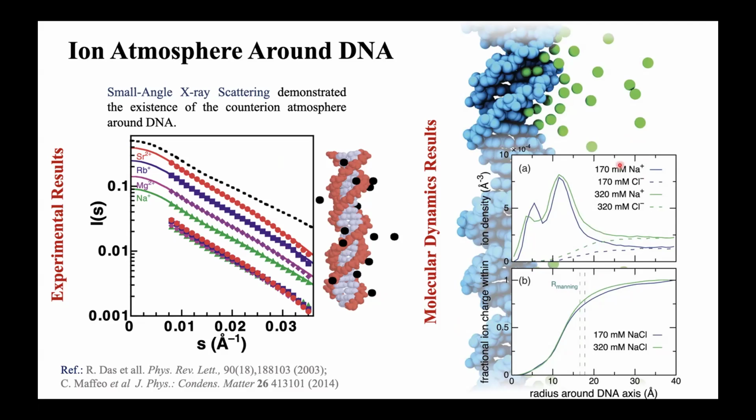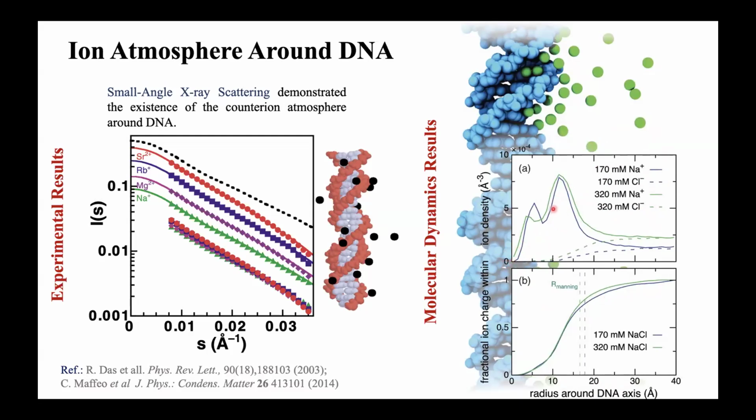In these studies, they examined the distribution of sodium and chloride ions around a DNA fragment at different concentrations, which you can see in the legend of the graph. On the graph, the DNA axis is placed at 0.